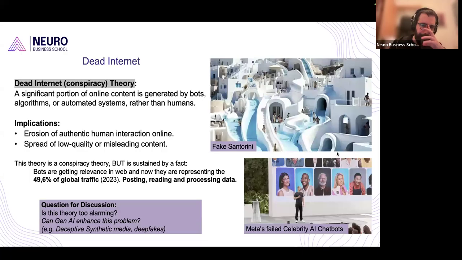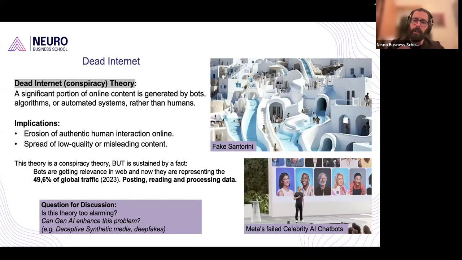Okay. In this case, I post this picture that, well, in this case, it's so easy to detect. But imagine someone from, I don't want to say a country, but imagine someone from a country that is so far from Greece, and maybe for some reason they never knew about Santorini. They don't know anything about Santorini.